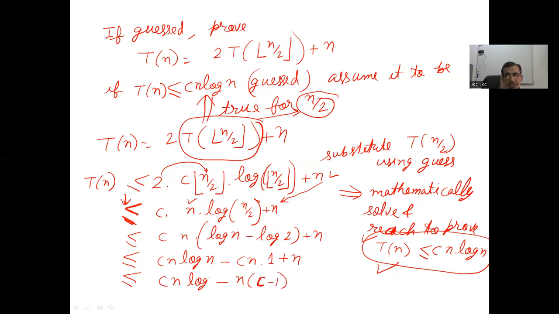Now, this is one answer, but I have to prove it to be something like this. So I have to now further change the inequality. So my inequality is Tn less than or equal to Cn log n minus n into C minus 1.